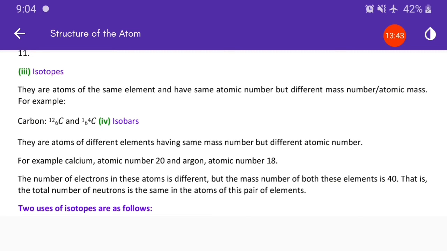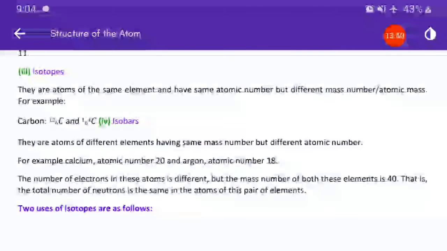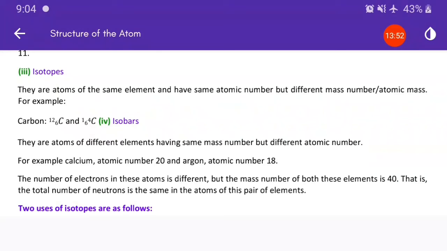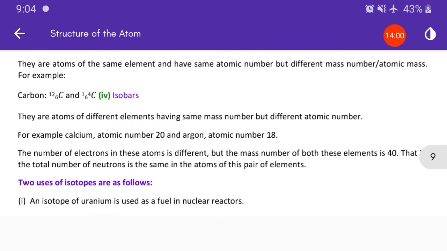For example, calcium with atomic number 20 and argon with atomic number 18, and their mass number is 40. So the number of electrons in these atoms is different, but the mass number of both of these elements is 40.